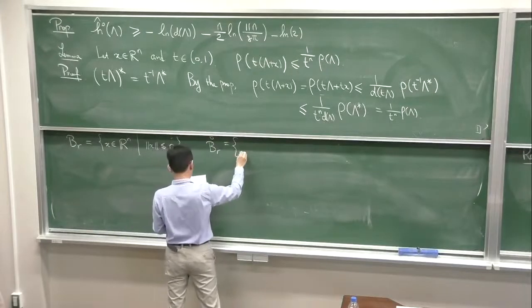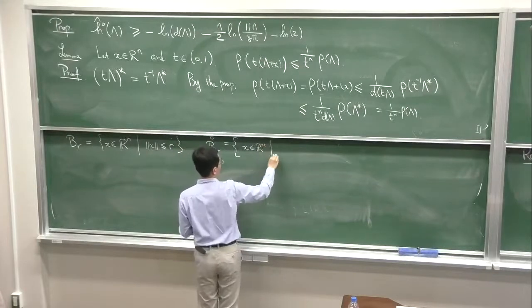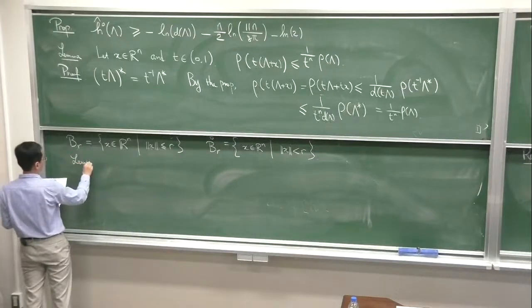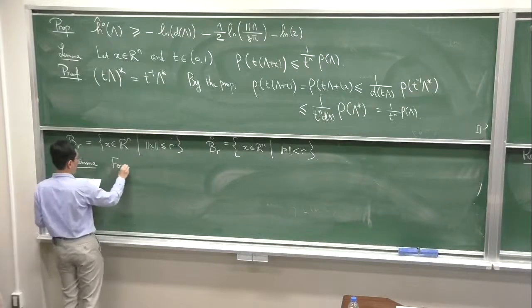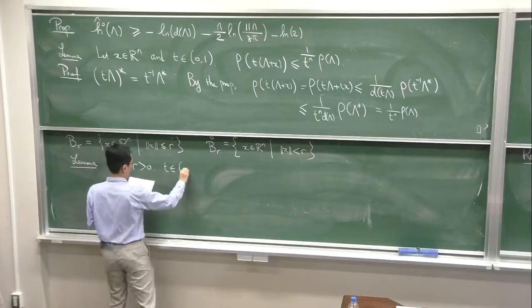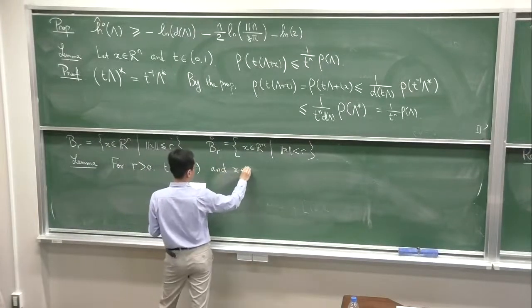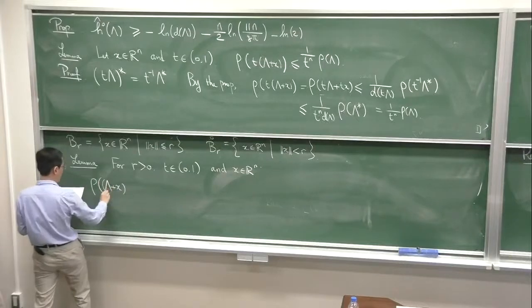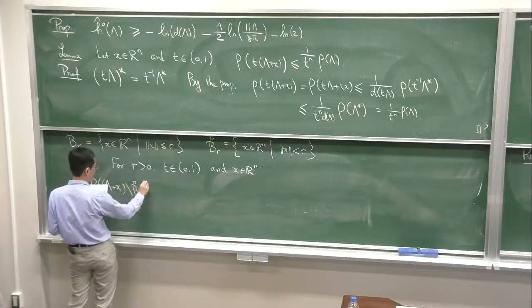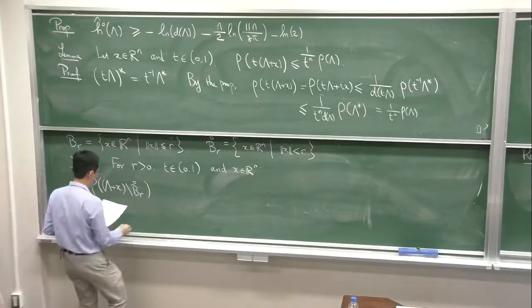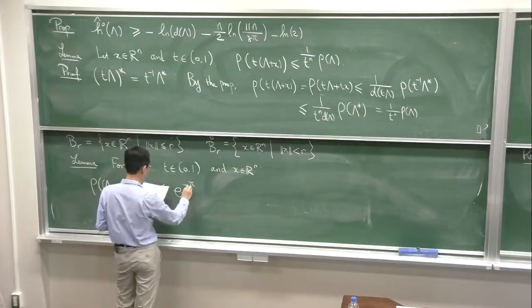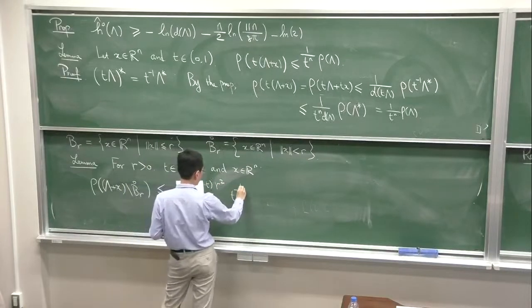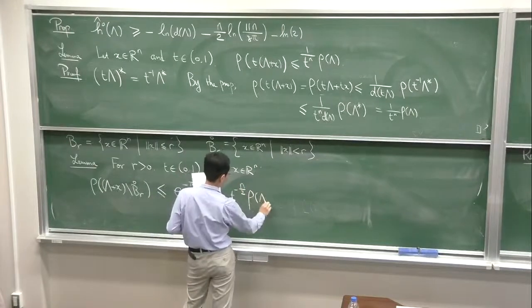And B_R open is just a ball, open ball. So the lemma says that for r positive and t in (0, 1) and x in R^n, if you compute rho of lambda plus x, but you do not consider the points near the origin, then you will have an upper bound like e^(-pi(1-t)r^2) t^(-n/2) rho of lambda.